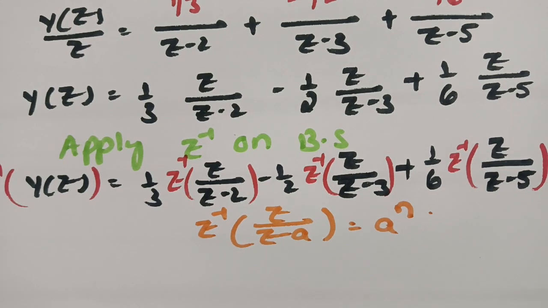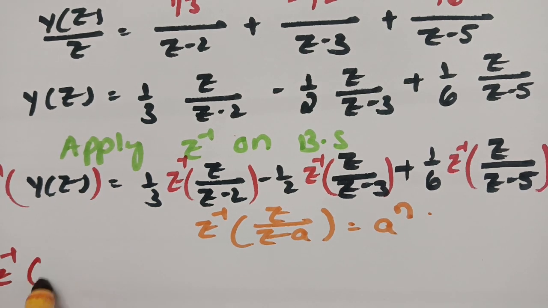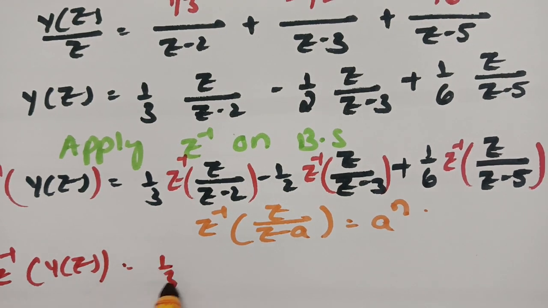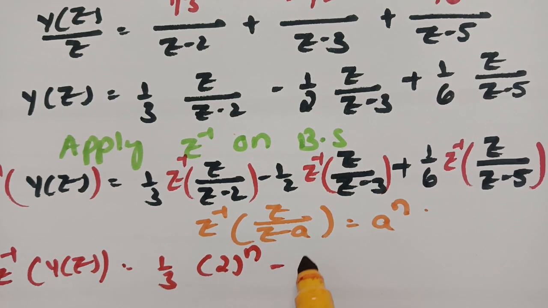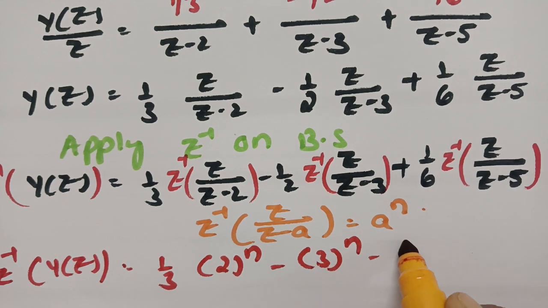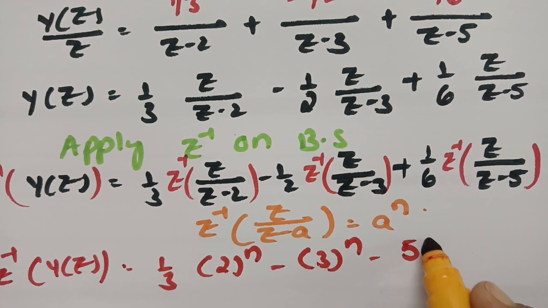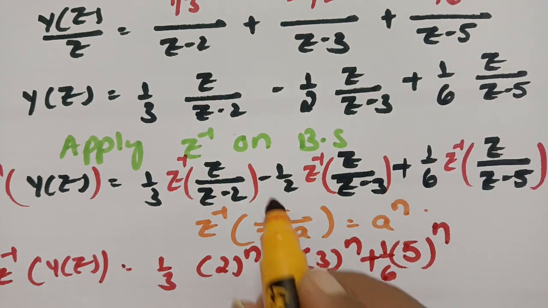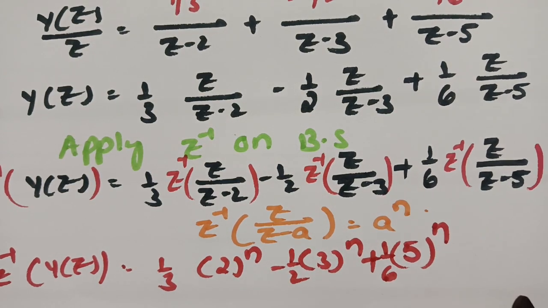According to our question, what is the solution here? According to our solution, z inverse of y of z is equal to 1 by 3 times 2 power n, minus half times 3 power n, plus 1 by 6 times 5 power n.